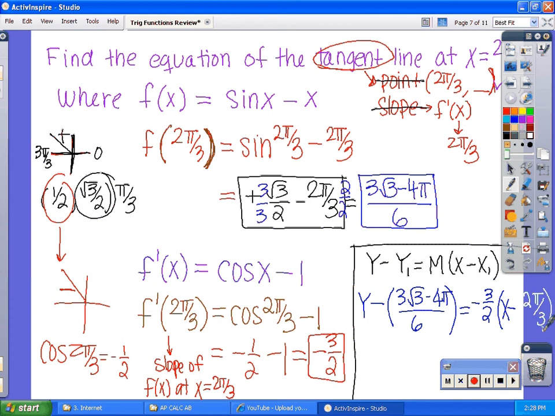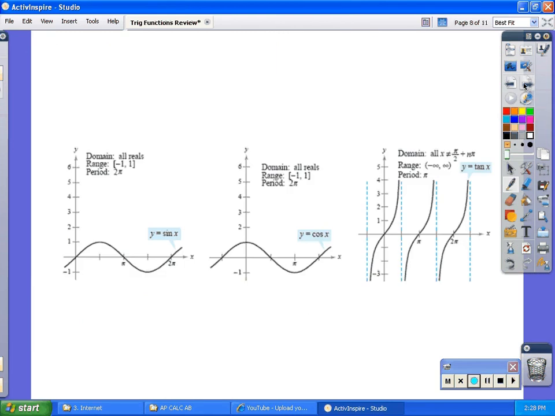The last part of this flip chart just has some graphs for you. It goes through the domains and the range of each function. What I want to highlight for each of these is the fact that the domain for sine and cosine are all real numbers, but you'll notice that tangent has asymptotes. You'll notice that cosecant has asymptotes, secant, and cotangent.